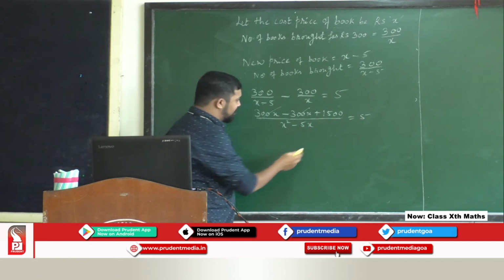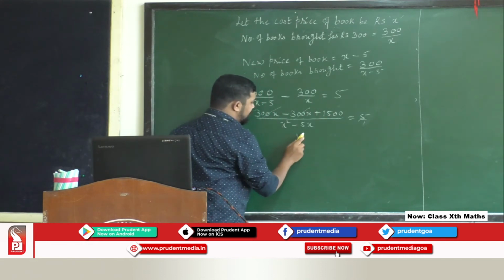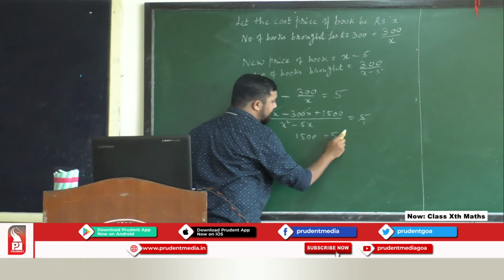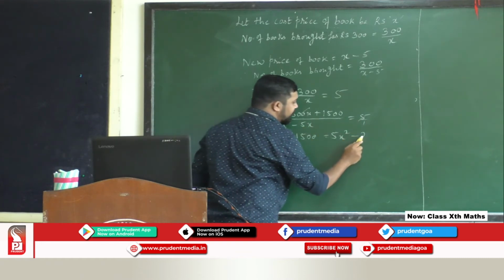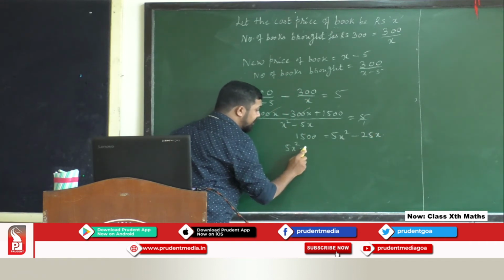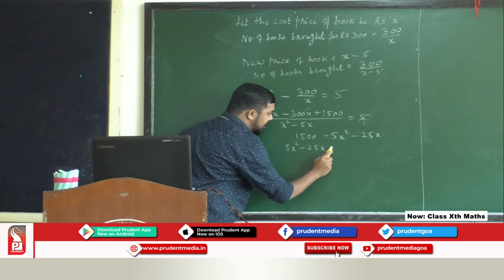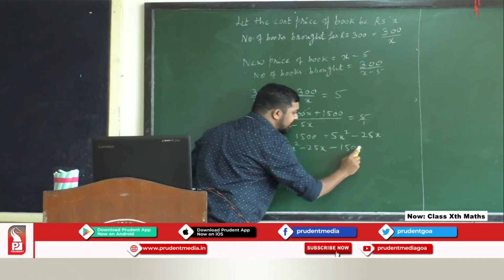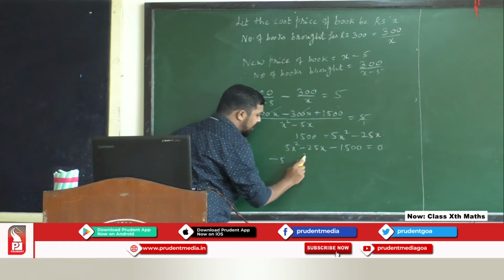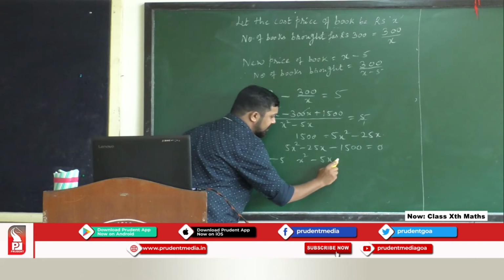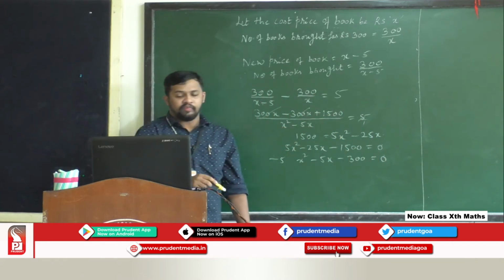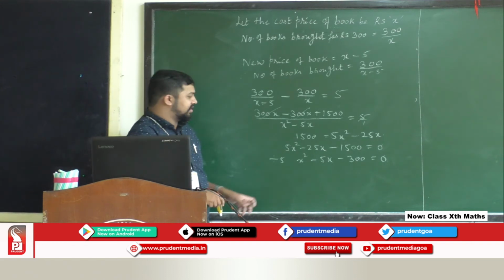Again, I can do directly cross multiplication. 1500. 5 into x square, 5x square. 5 into 5, 25. So I take 5x square minus 25x. Take this on the other side, it becomes negative 1500. Divide by 5, x square minus 5x minus 300. So this is your expression, x square minus 5x minus 300.